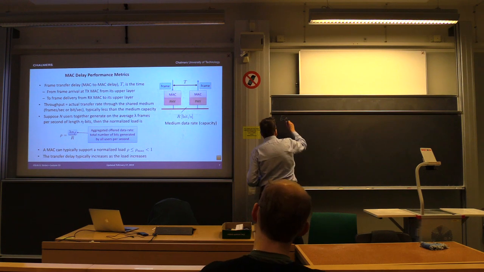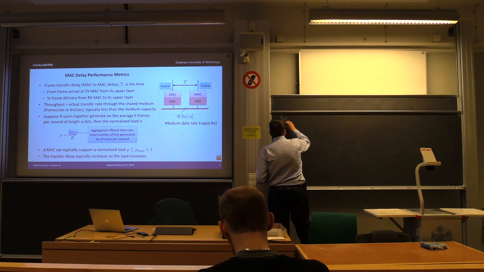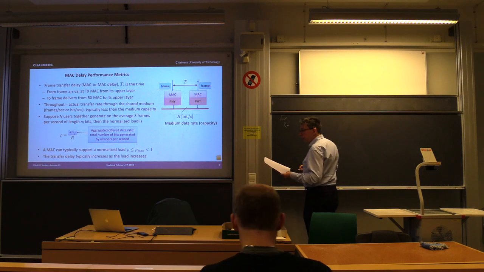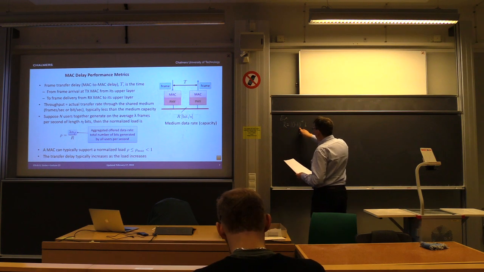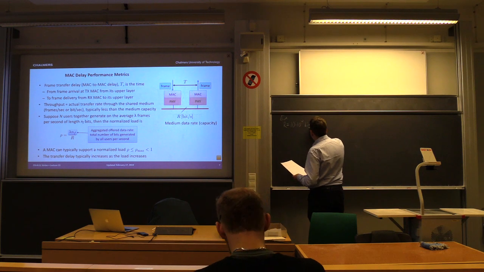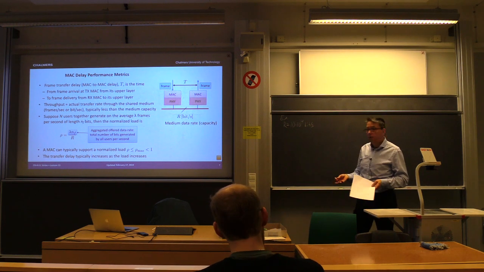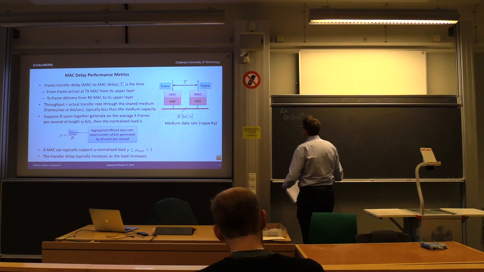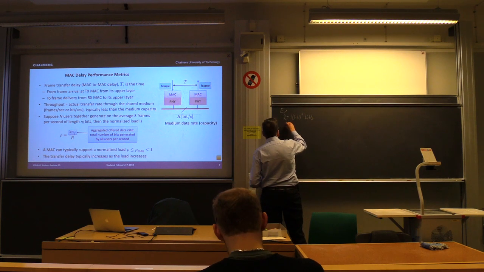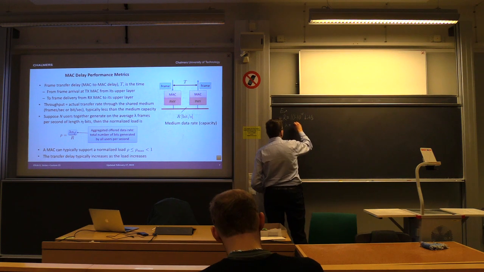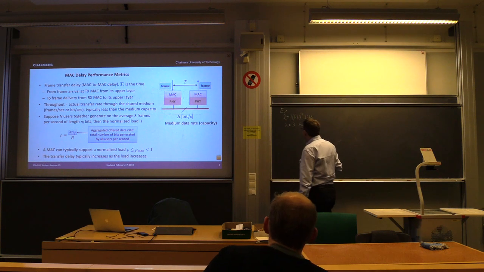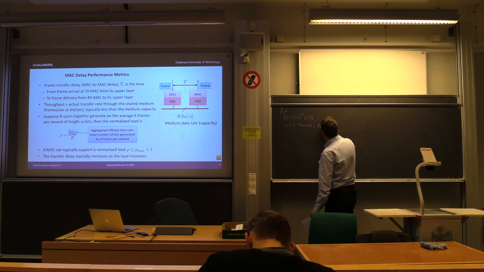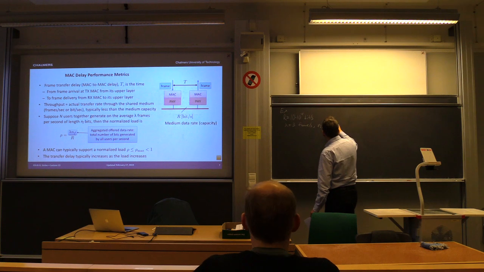So to make this more concrete, suppose we have 3 stations. The data rate on the medium, say, is 10 to the 5 bits per second. This is the physical medium that we have, and we have 3 stations, and station number 1 generates on average 3 frames per second, and all of these frames have a size of 10 to the 4 bits.